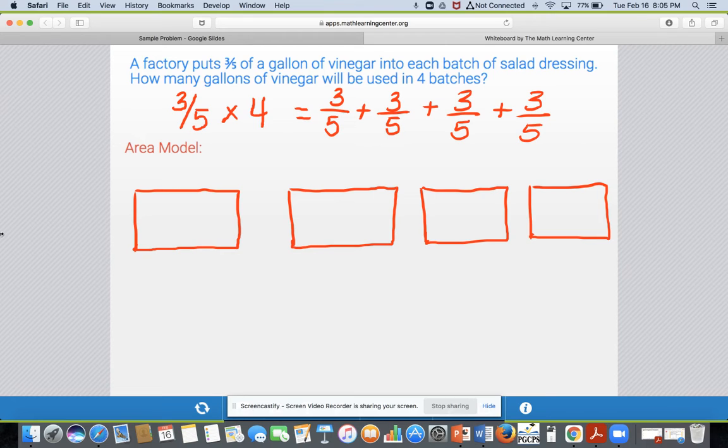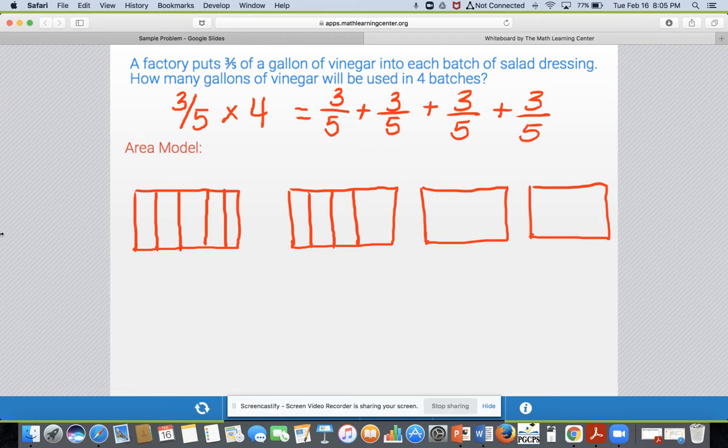Well, use your denominator of the fraction. So because we want to represent 3/5 in each rectangle, we want to make sure that we break each box into 5 pieces. So to make sure we draw 5 pieces, we're going to need to draw 4 lines. See? 4 lines makes 5 pieces.